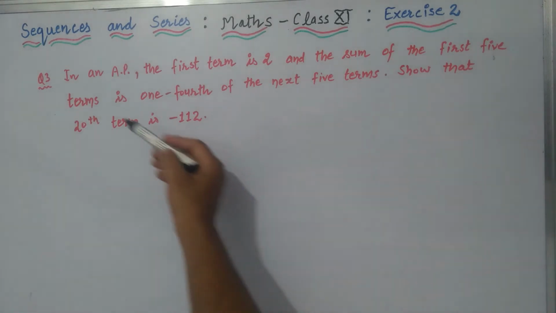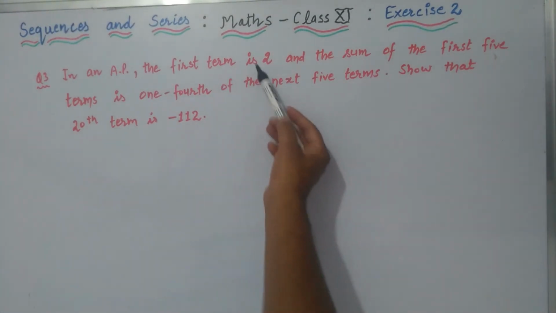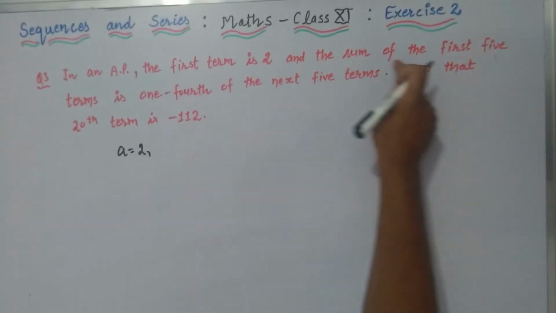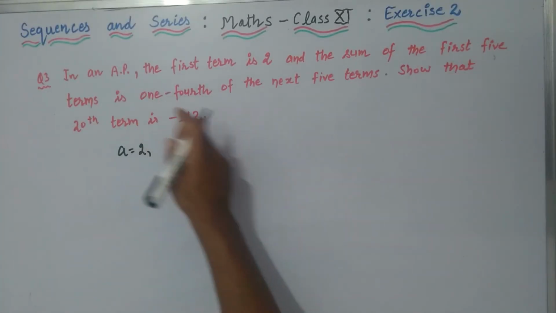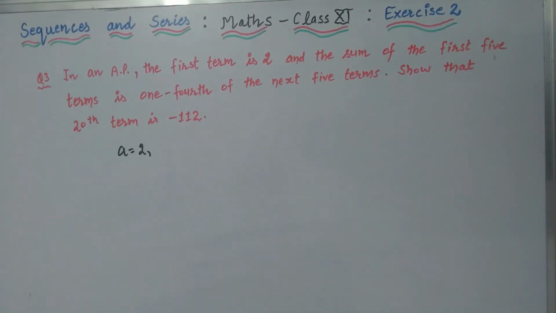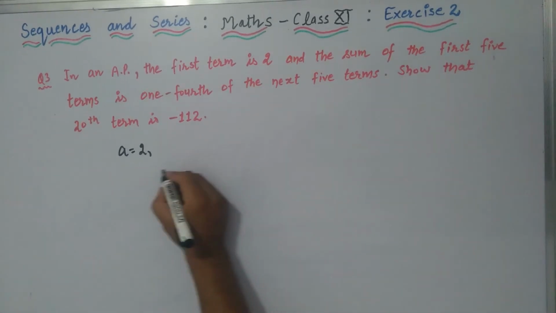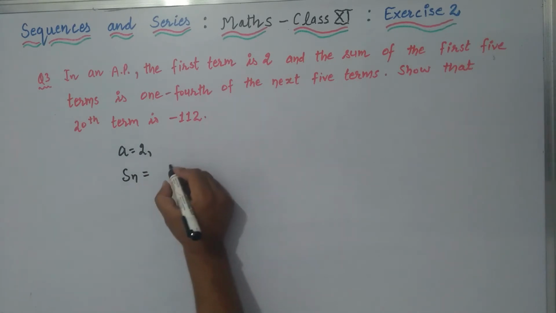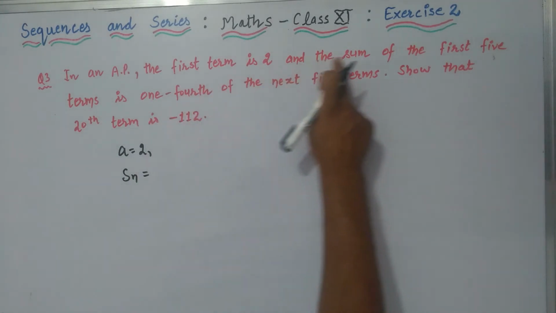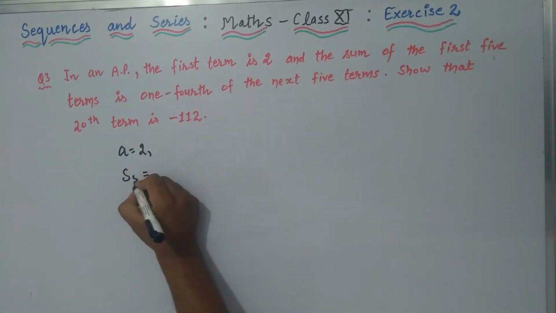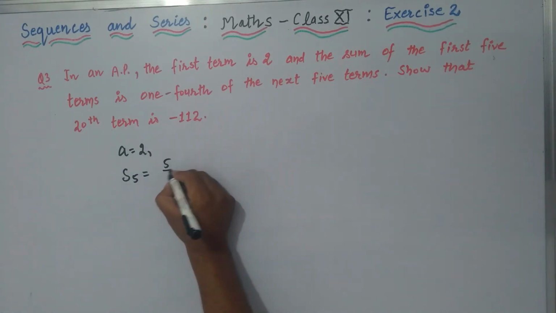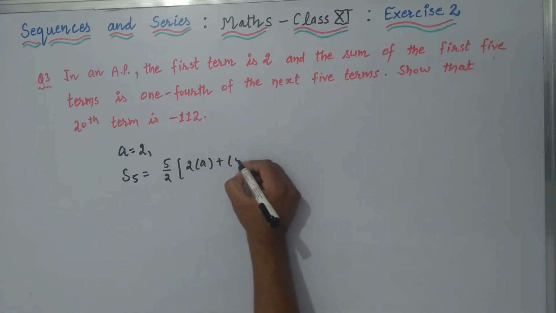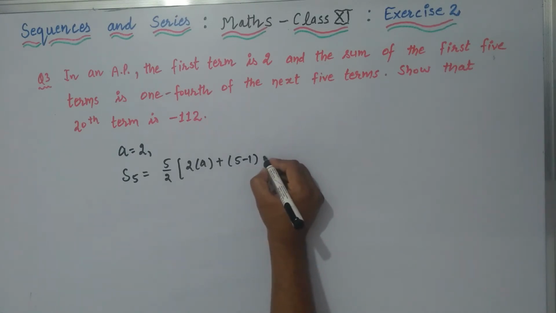Question number 3. In an AP, the first term is 2, a is equal to 2. The sum of first 5 terms is 1/4 of the next 5 terms. Suppose what we can say here, Sn is equal to, the sum of first 5 terms, S5 is equal to 5 upon 2 into 2a plus 5 minus 1 into d.